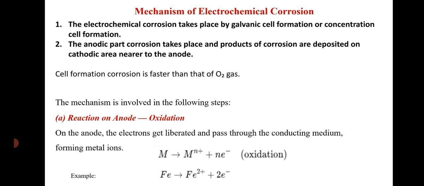For example, Fe metal loses its electrons and forms Fe ions.